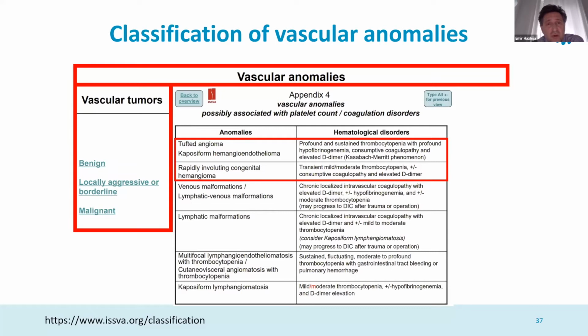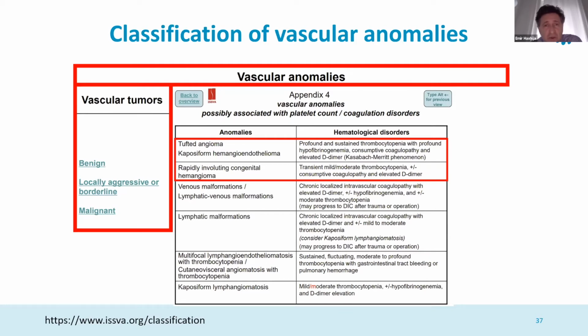Some vascular tumors are also associated with hematologic anomalies. There is an appendix 4 in this ISSVA classification showing what kind of hematologic disorders are associated with what kind of vascular tumors. Here you see the tufted angioma, kaposiform hemangioendothelioma, and rapidly involuting congenital hemangioma may be associated with mild to moderate thrombocytopenia or sustained thrombocytopenia with profound hypofibrinogenemia, and then elevated D-dimers, like Kasabach-Merritt phenomenon.